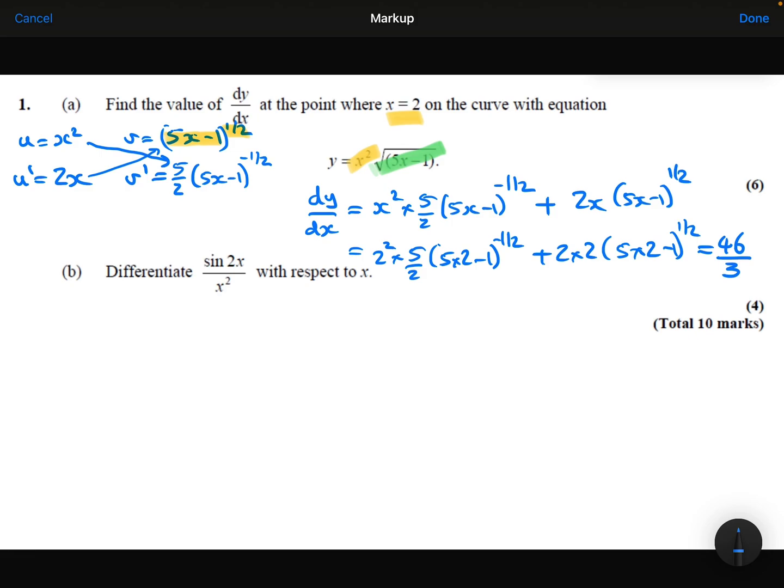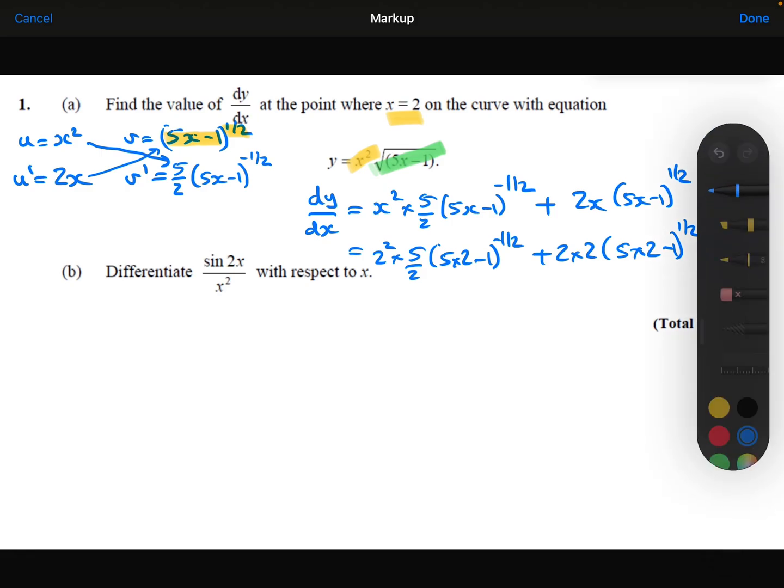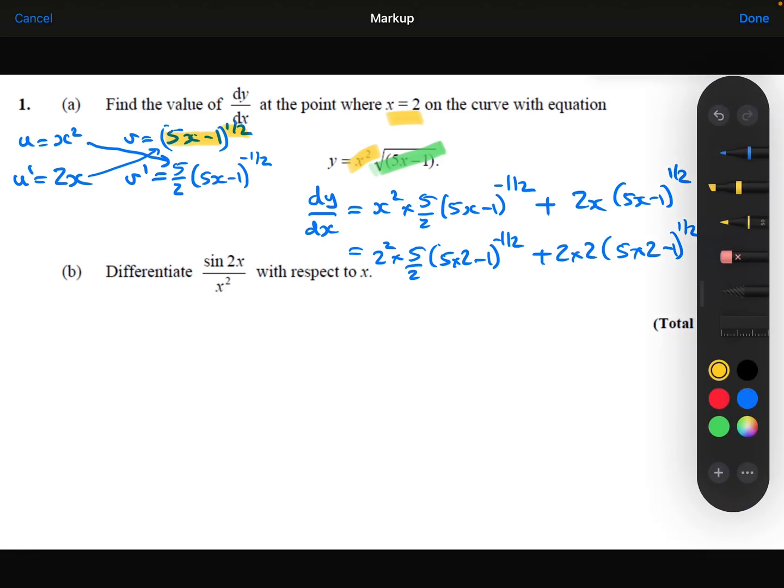Part B. Differentiate sine 2x over x squared. So notice that this is a fraction, it's a quotient. We've got the sine 2x divided by the x squared. So we're going to have to use the quotient rule to differentiate this.